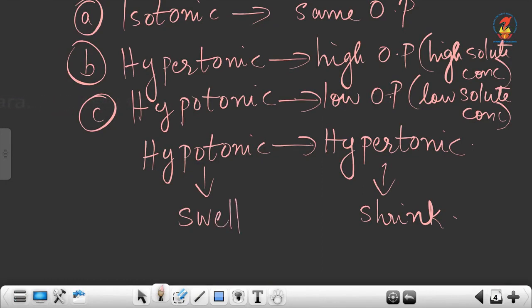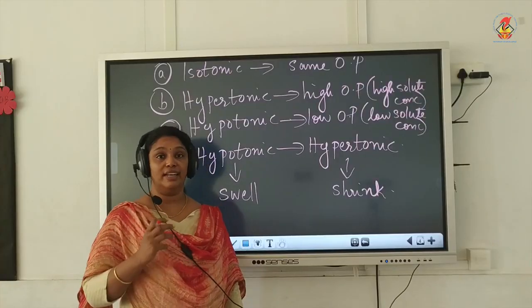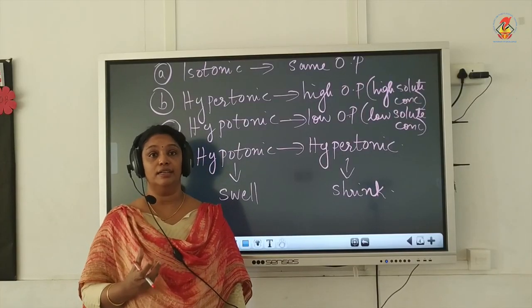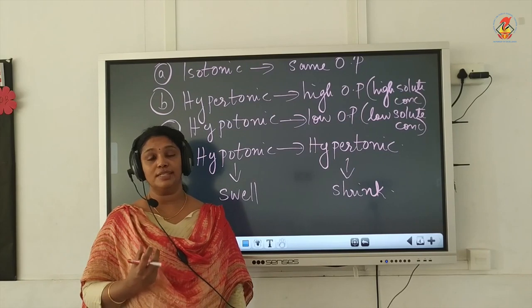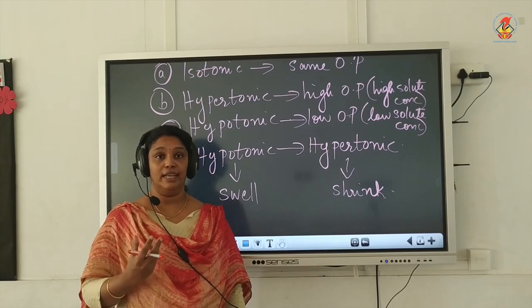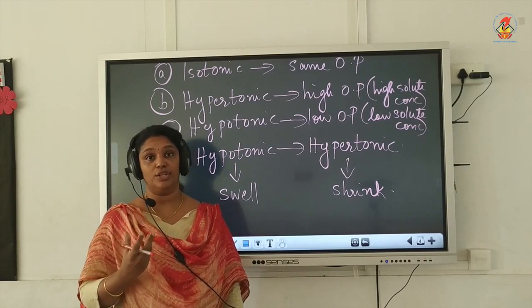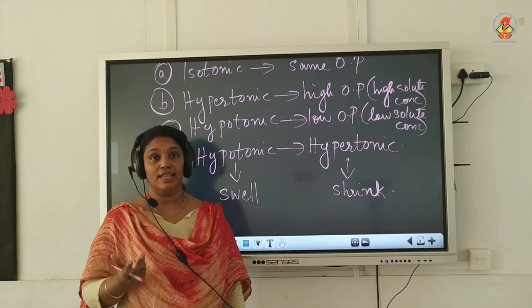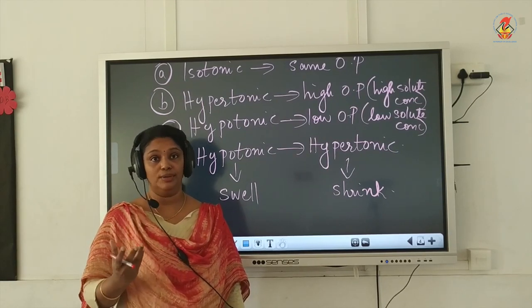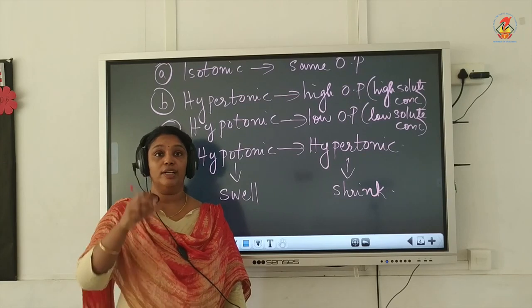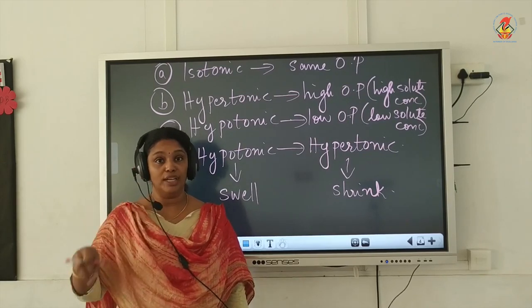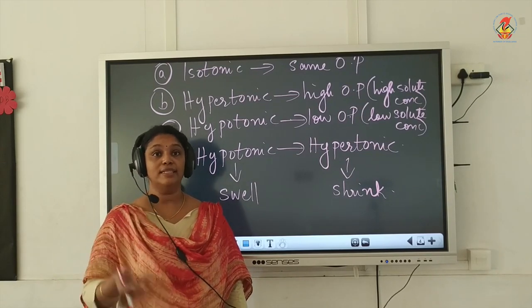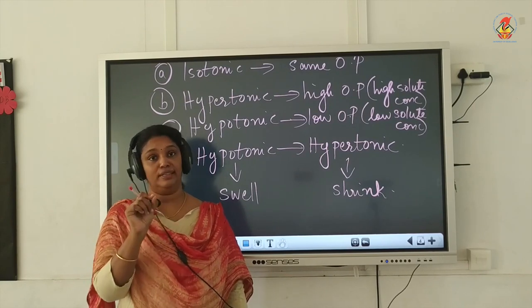For example, you put raisin in sugar syrup. Sugar syrup contains a high concentration of sugar particles. So that's a hypertonic solution. In this case, the water from the raisin will go into the sugar syrup and the raisin will shrink.